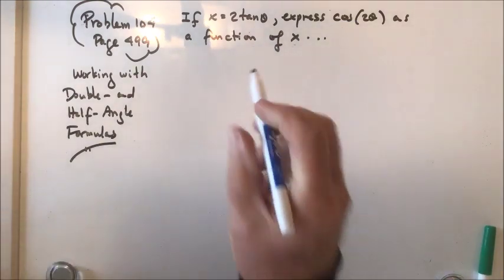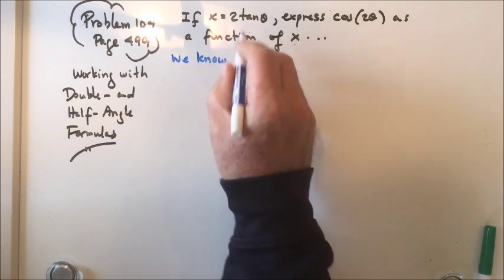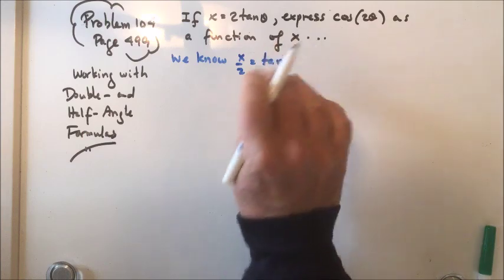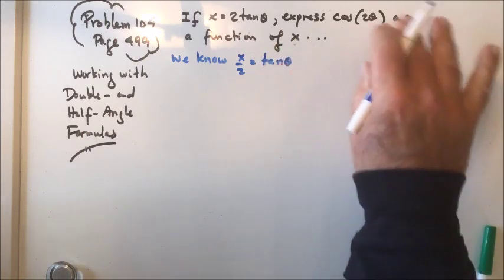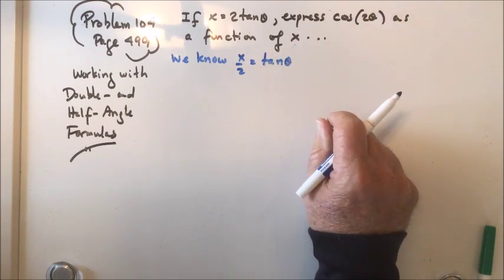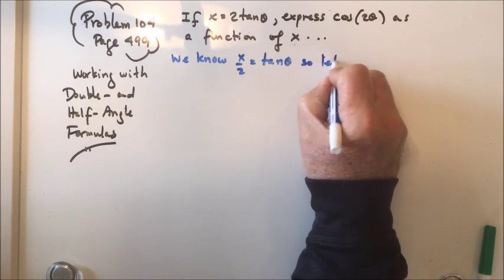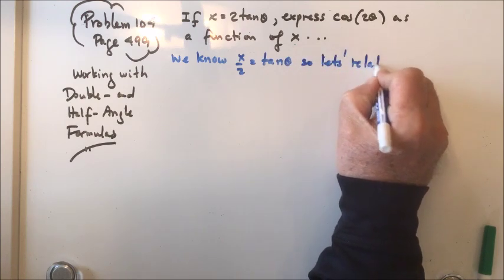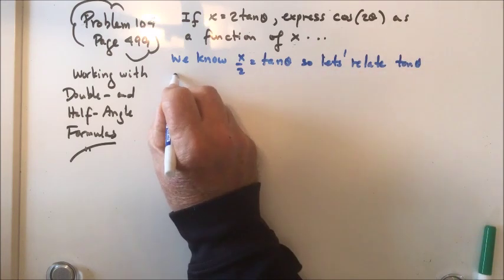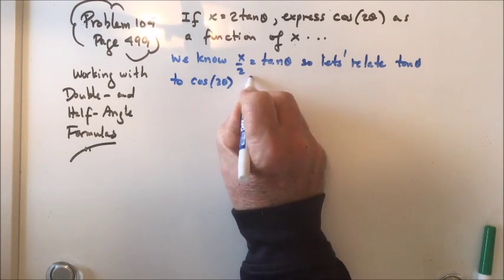So what do we know? We know that x over 2 is equal to tangent theta. What I need to do now is relate tangent theta to cosine 2 theta. And how the heck do I do that?